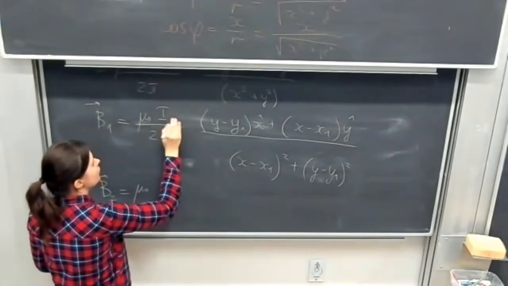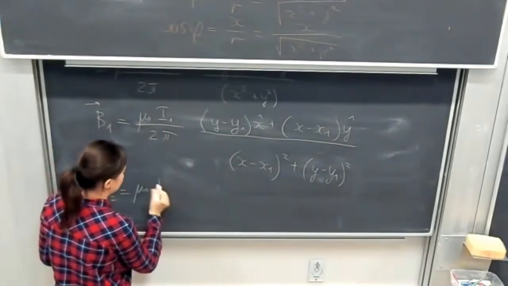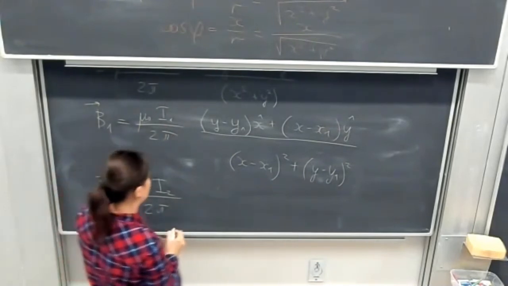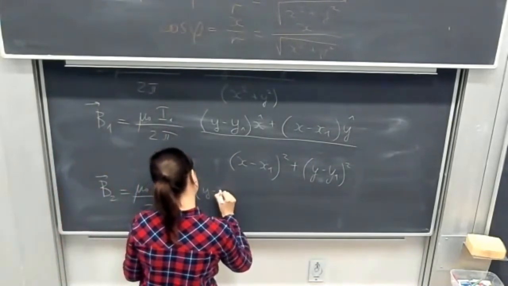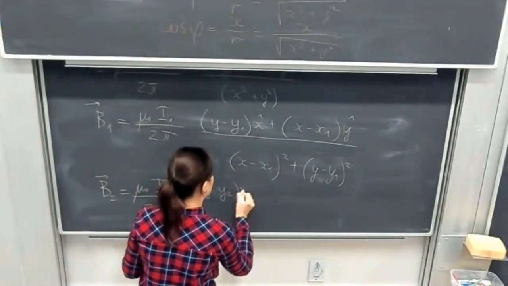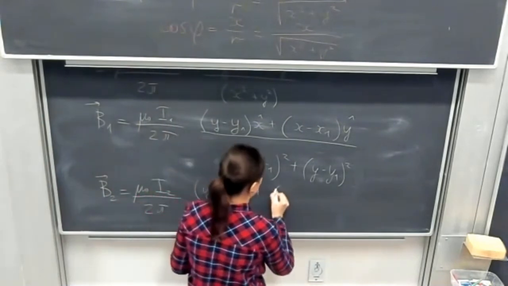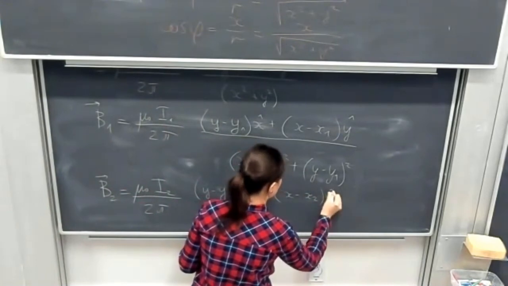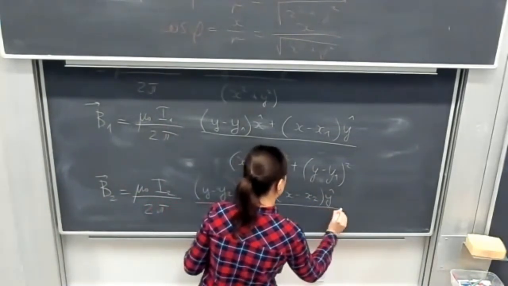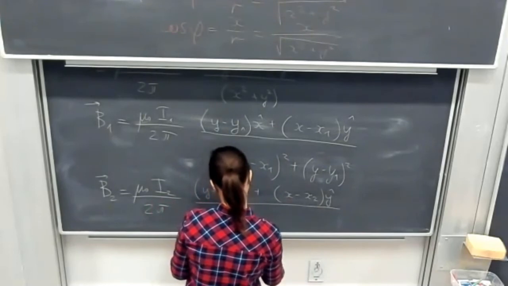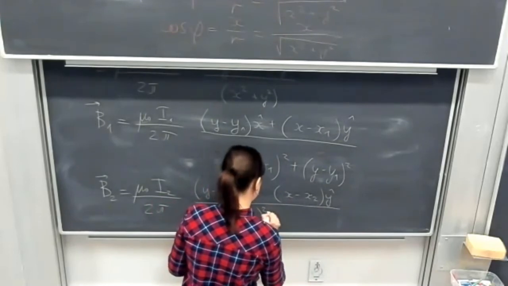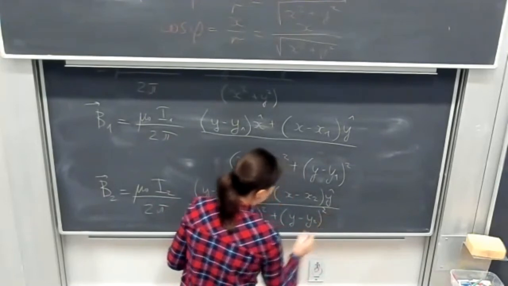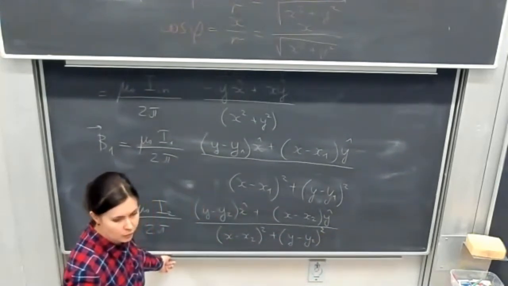So this was current 1, this current 2. Also valid for all z.